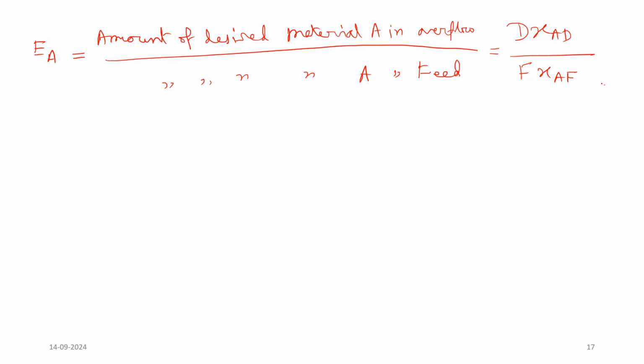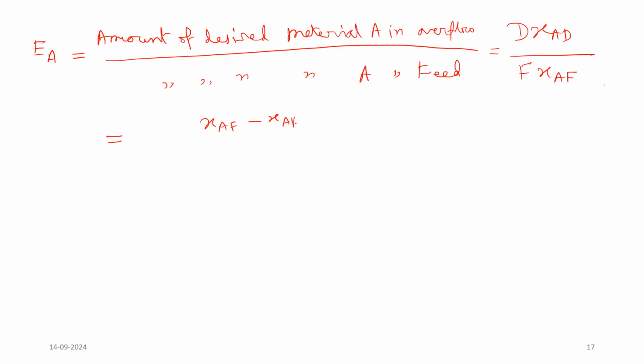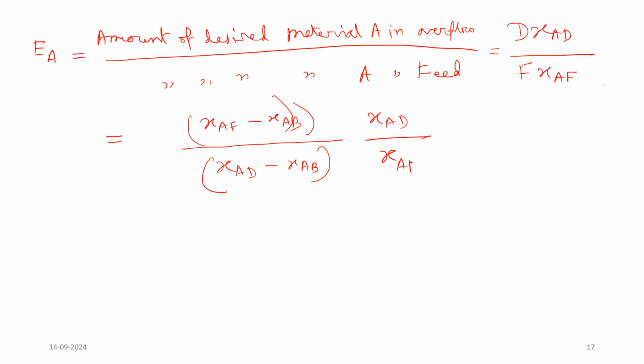Also you can simplify it. Using D by F, we get XAF minus XAB divided by XAD minus XAB, multiplied by XAD divided by XAF.